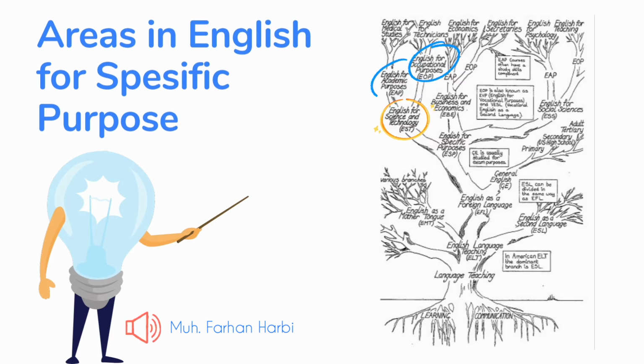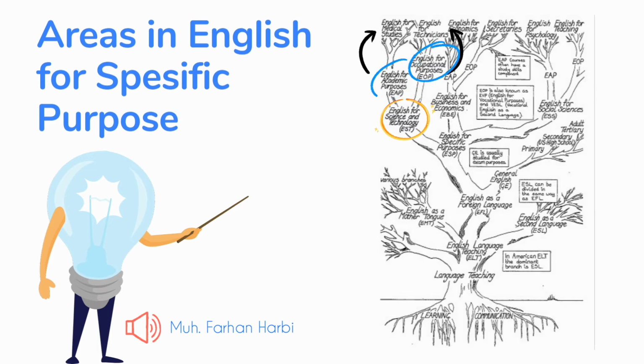EAP is always concerned with college or any other institution like school that is for academic purposes, and EOP or English for Occupational Purposes are sometimes for certain job, career, or work. For the example of EAP, like English for Medical Studies, and an example for EOP is English for Technicians.